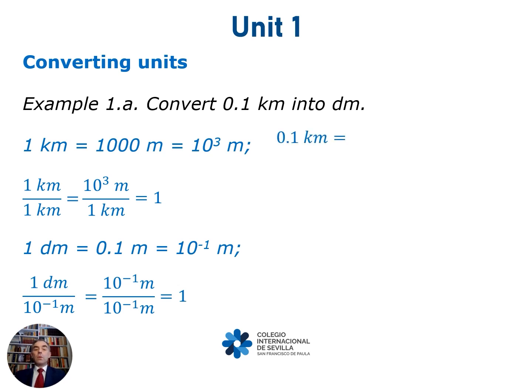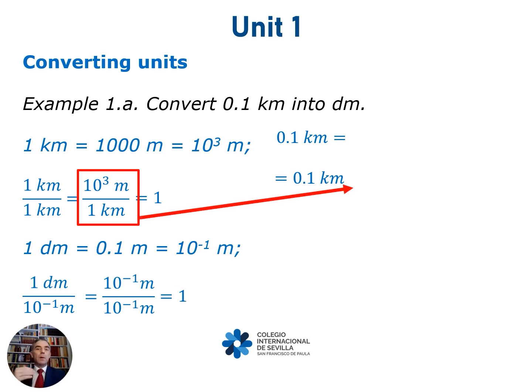Now we go back to the original amount we had, 0.1 kilometers. And we are going to multiply that 0.1 kilometers by the conversion factors needed to convert the units. First of all, we multiply it times the conversion factor to remove the unit we want to get rid of, which is 10 to the third meters divided by 1 kilometer, which equals 1.